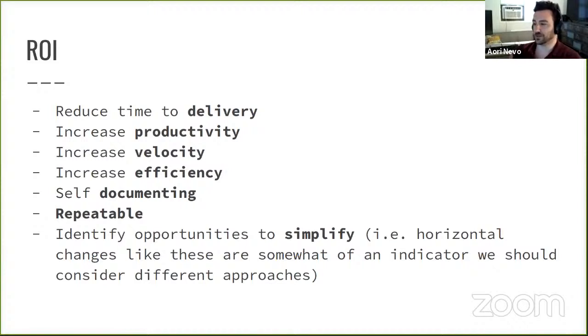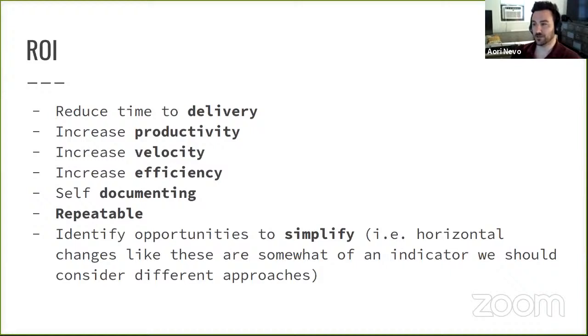Horizontal changes like these are somewhat of an indicator we should at least consider some different approaches, right? If this is a repetitive change that cuts across your stack, or is a recurrent horizontal change, maybe think about creating an NPM package that encapsulates that logic, and then installing it across your system, and then leverage Sunbird to mitigate the risk in doing those upgrades.